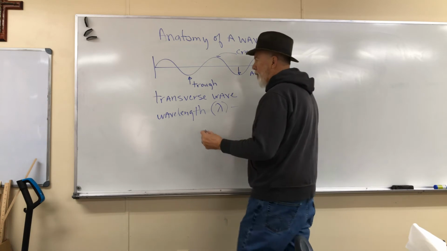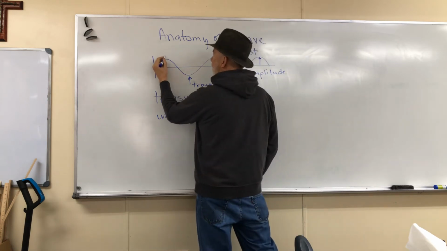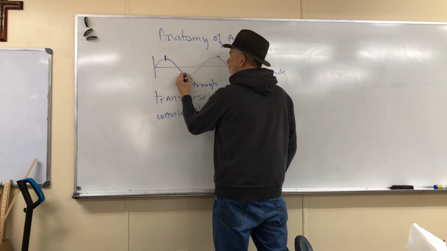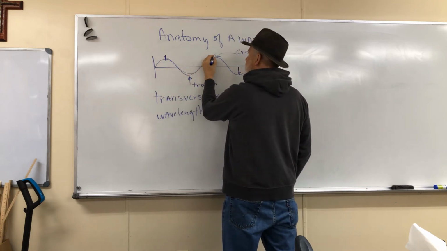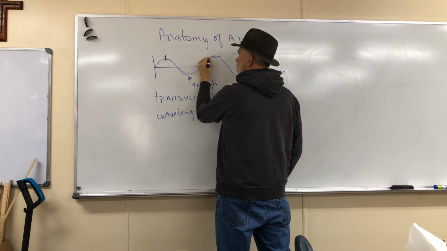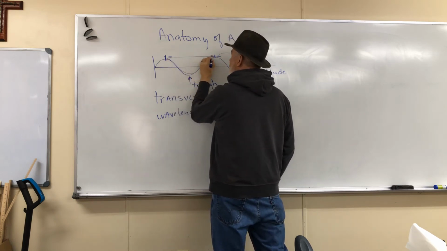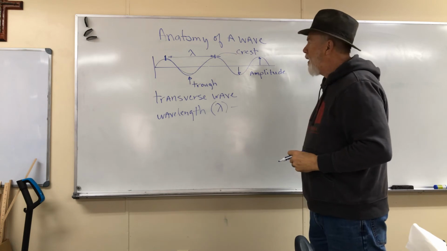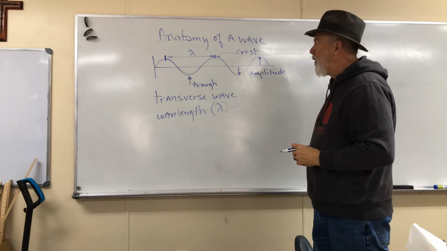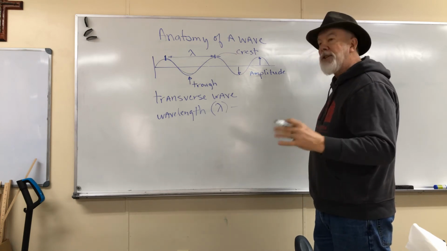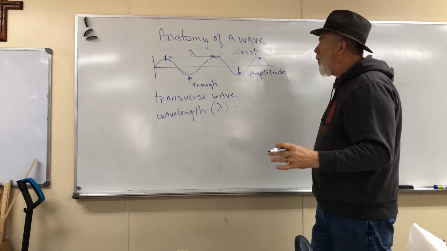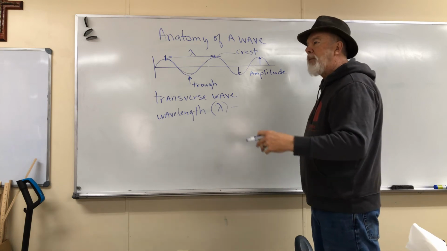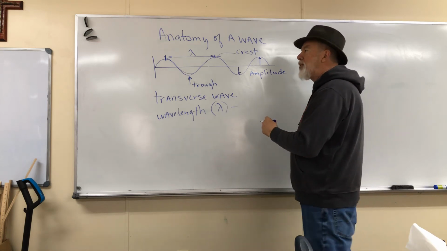So, for example, if we start at the top of this crest, that wave will continue until it gets to the top of the next crest. So we would draw a line across here like this, and we would put the upside down Y to represent a wavelength. But it's important for you to understand we could start a wavelength at any place, and it would extend to where that place reoccurs.